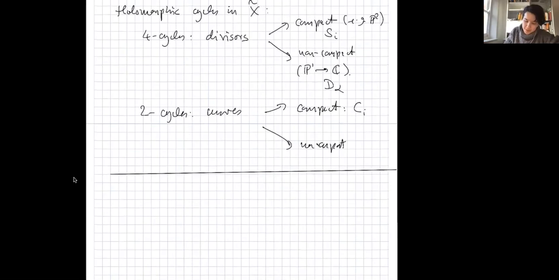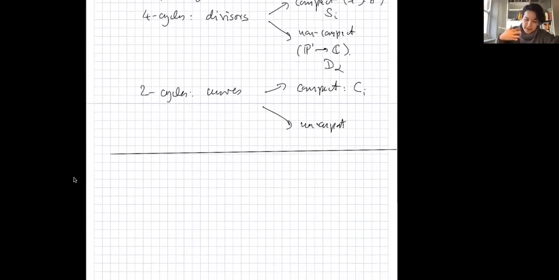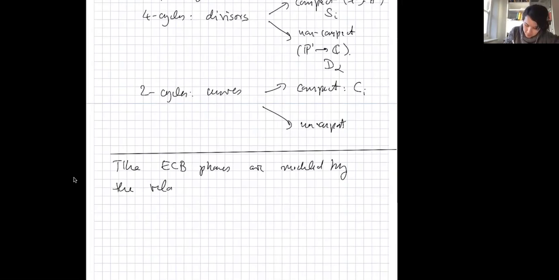What we would like to do now is map out exactly the structure that is modeling the Coulomb branch phases. Those are given by what's called the relative Kähler cone. So the extended Coulomb branch phases are modeled by the relative Kähler cone.